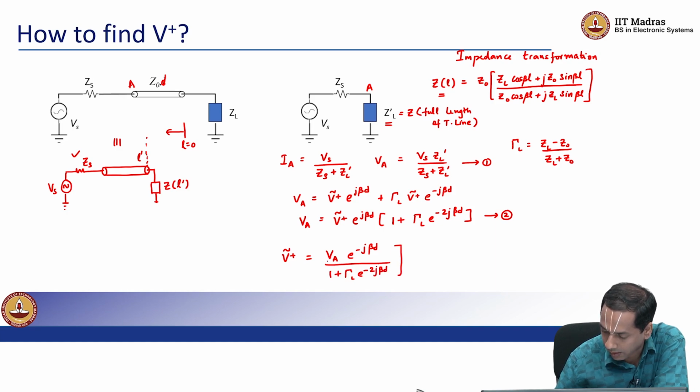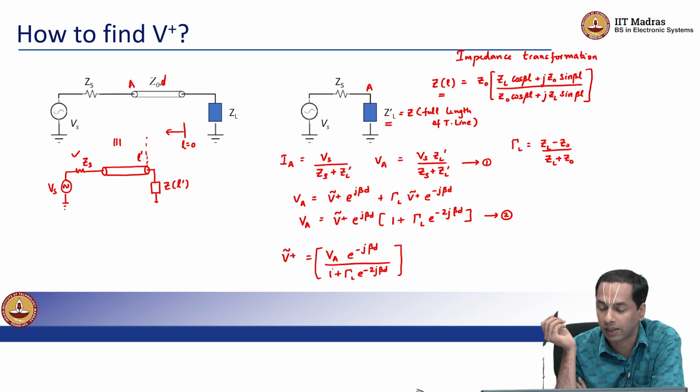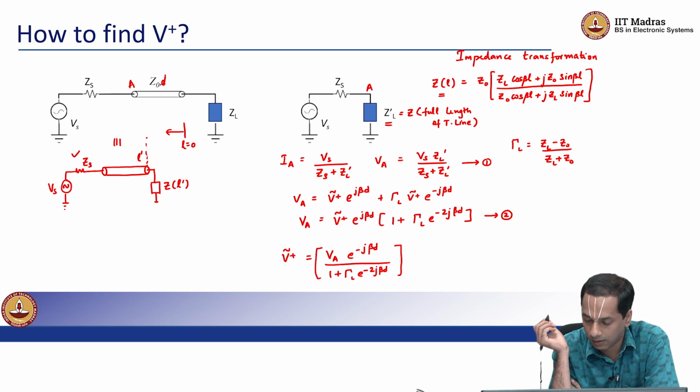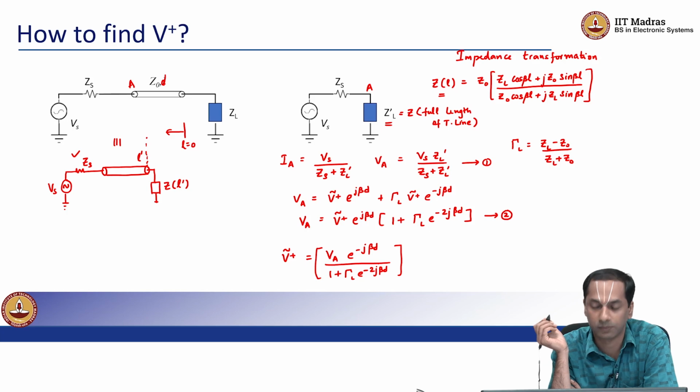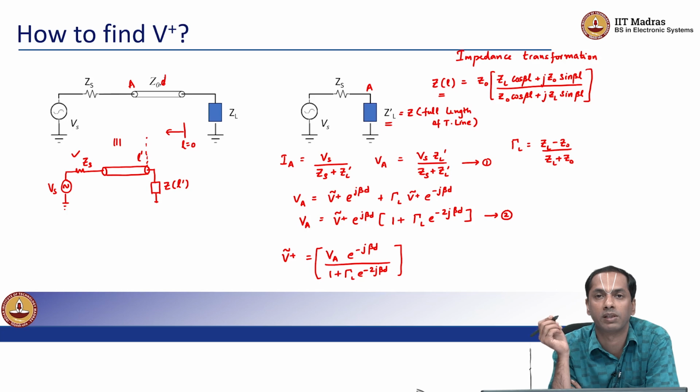Okay, I will let you substitute Va with Vs, because Va is a temporary voltage that we used. You can certainly get V plus in terms of all the known quantities, that is Vs, ZL prime, Zs, gamma L and small d, and of course beta for the transmission line should be known. Okay, so this is the simple procedure for you to estimate V plus in any scenario.